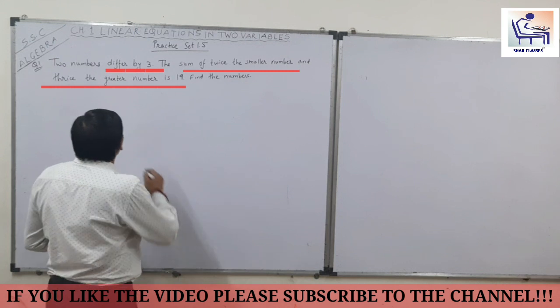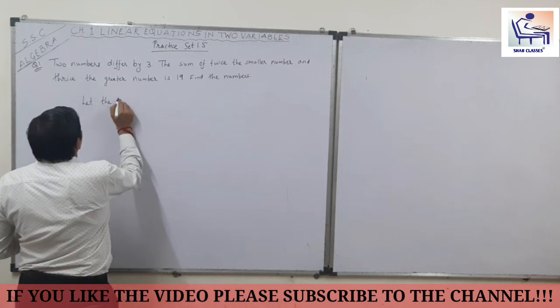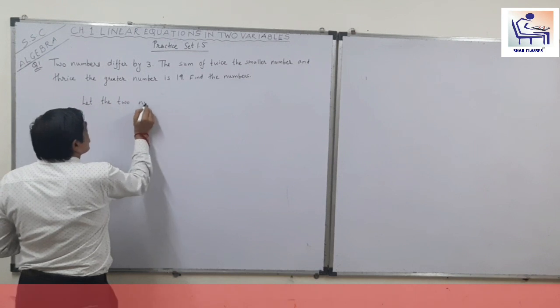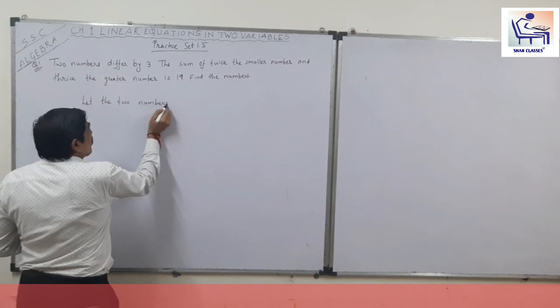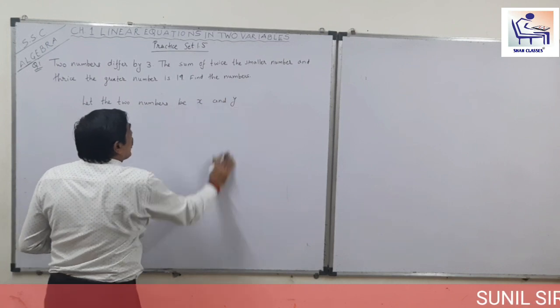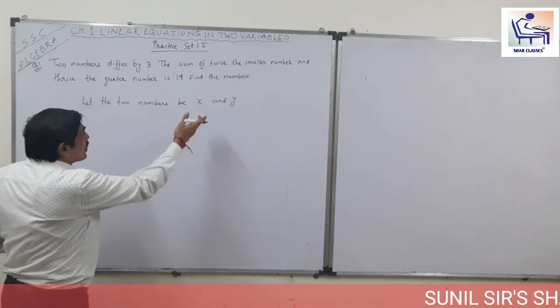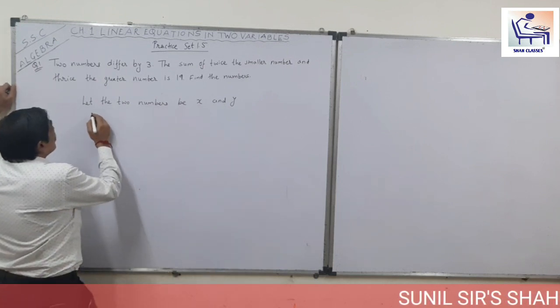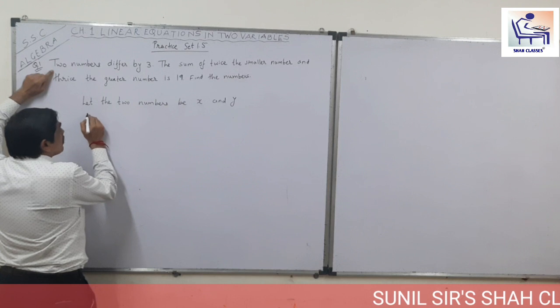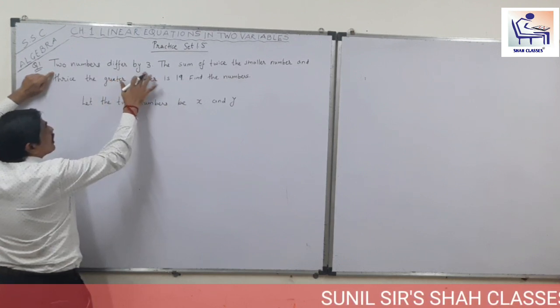So here we will assume, let the two numbers be x and y. We always assume generally x and y, so I am also taking here x and y. Now you can see one of the numbers must be greater as they differ by 3.